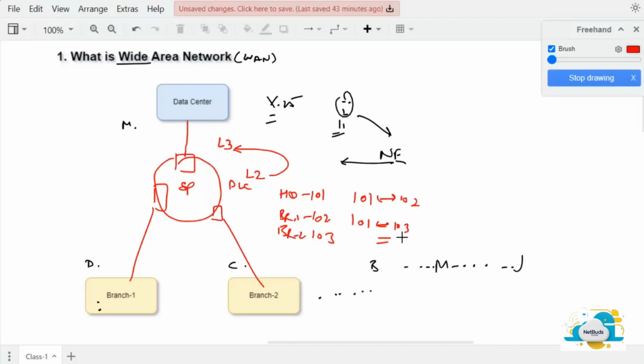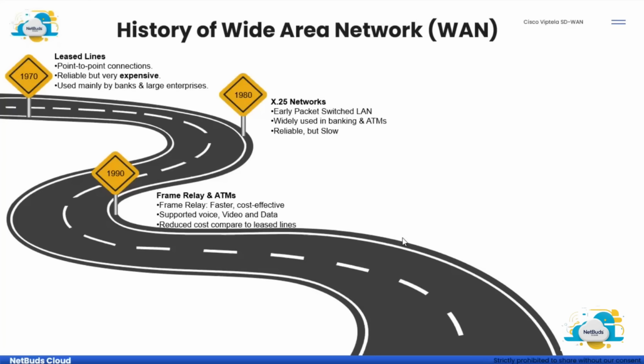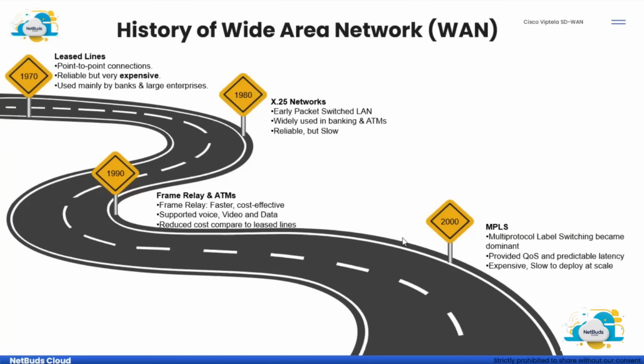After that, another era started in 2000, and that is MPLS. You might have heard about MPLS because these are the technologies. Leased lines are also available nowadays, but you might not have seen X.25 and Frame Relay. When I was working initially, almost 12 years back in the early days of my career, I saw Frame Relay at a few locations, but I haven't seen X.25.